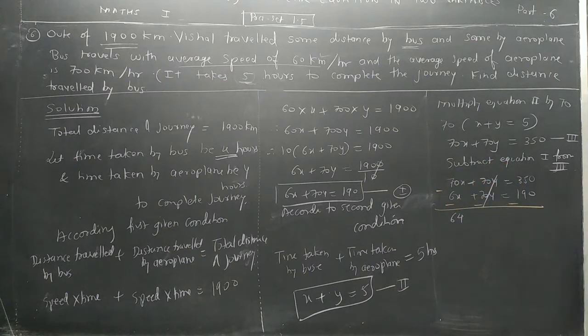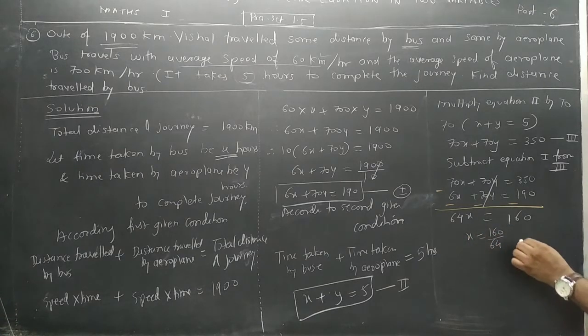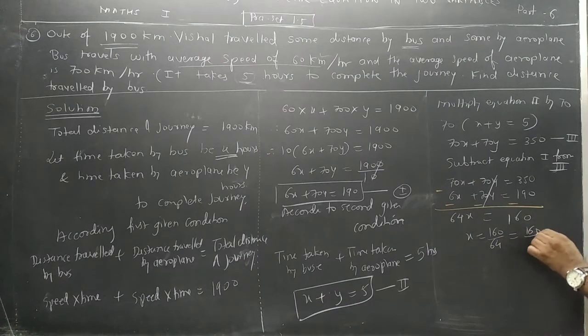70 minus 6 is 64x is equal to 350 minus 190, which is 160. So what you got then? 160 upon 64. 16 ones are 16, 16 fours are 64.